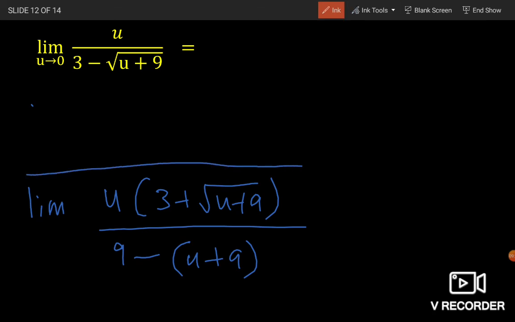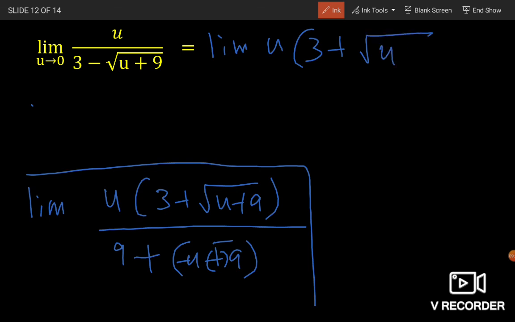As we can see here, we simplify this further. If you make this positive, this will be negative, and this will be negative. So now, this will be the limit of u multiplied by 3 plus square root of u plus 9, all over 9 cancels the other 9.